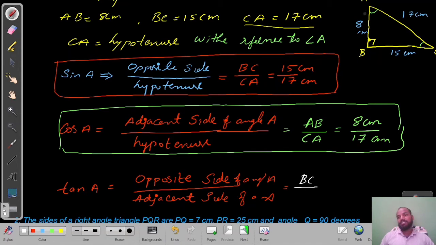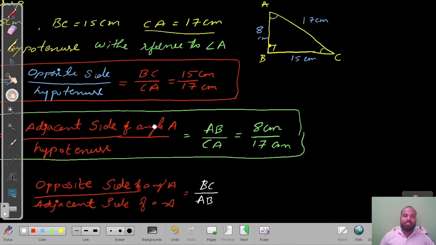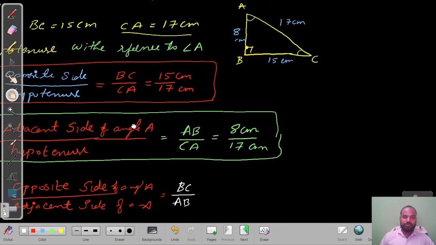Here adjacent is AB. So what is your value here? BC is 15 centimeters and AB is 8 centimeters. Yeah, this is your final answer.